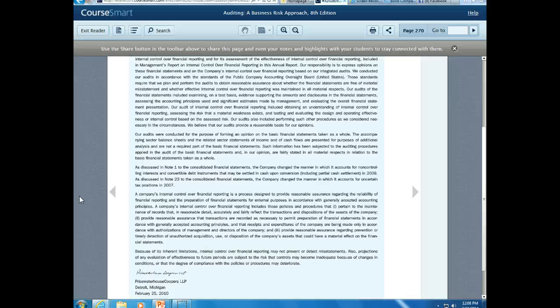Because of its inherent limitations, internal control over financial reporting may not prevent or detect misstatements.